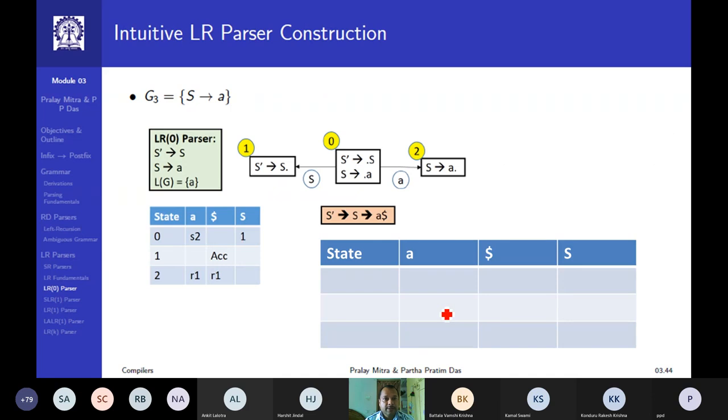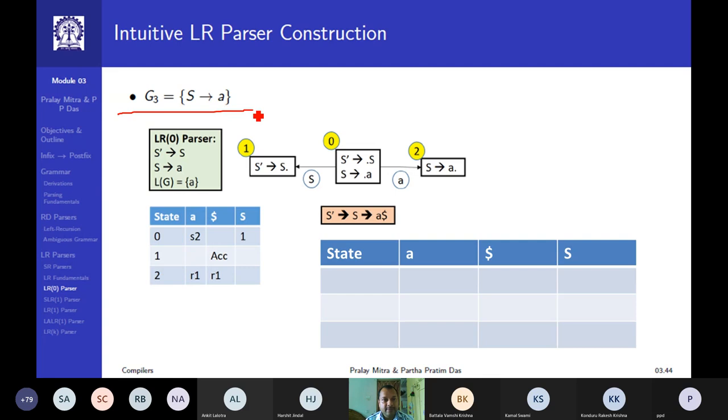This is an intuitive LR parser construction. First you look at the grammar. It's the simplest grammar. Only one terminal A, one non-terminal as well as the start state, that is capital S, and one single production rule, S derives A, is given.